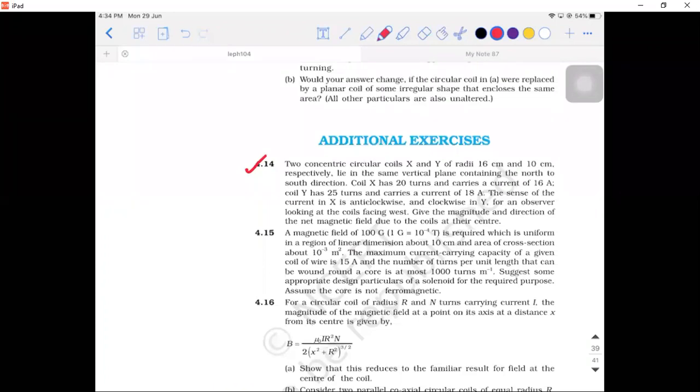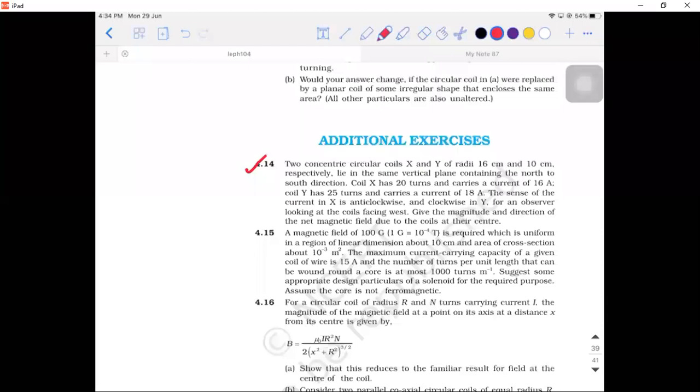Coil Y has 25 turns and carries a current of 18 ampere. The sense of the current in X is clockwise and in Y is anti-clockwise for an observer looking at the coils facing west. Give the magnitude and direction of the net magnetic field due to the coils at their center.